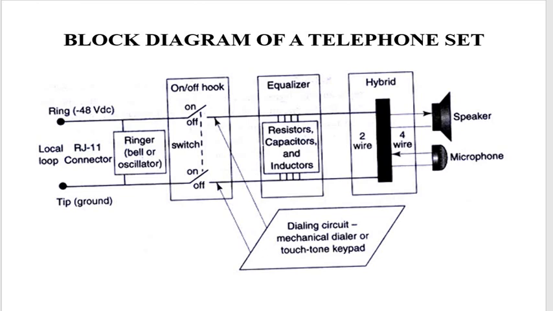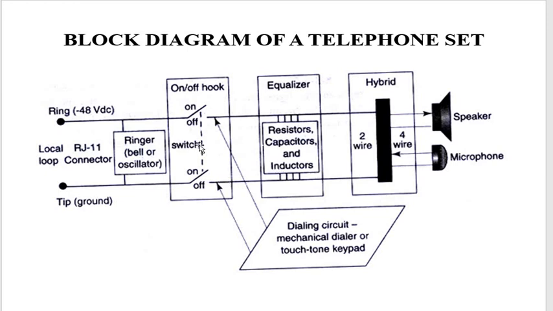Then there are different electrical networks for equalization, and associated circuitry used to control the side tone levels, to regulate the signal power, and for the necessary signaling arrangements in the signal circuitry.